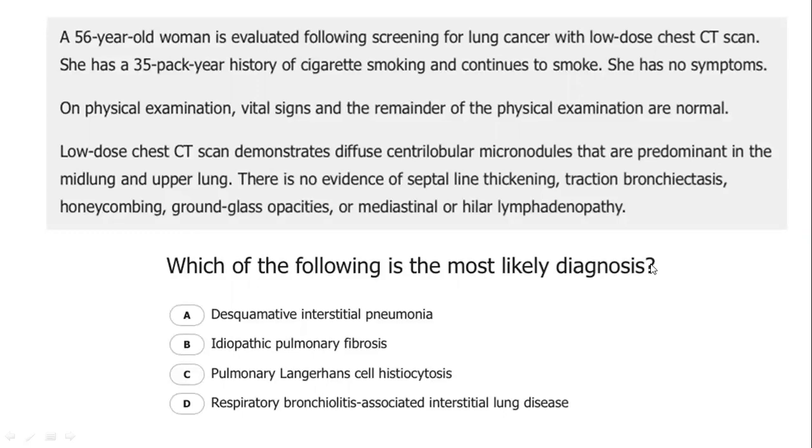Okay, here's another question to read to yourself. Okay, someone take a stab at a clinical syndrome here.